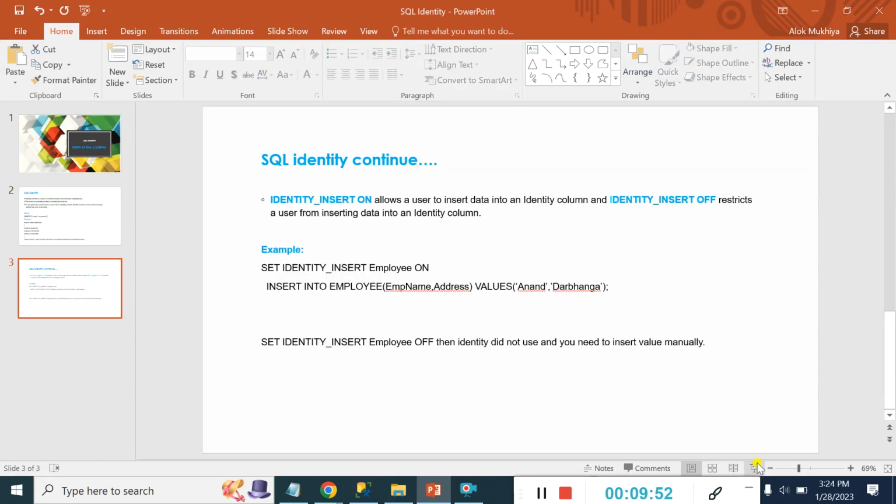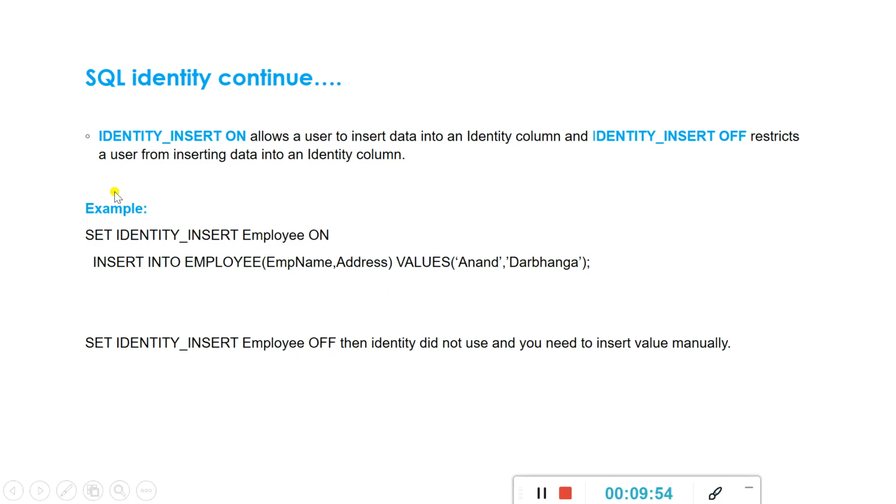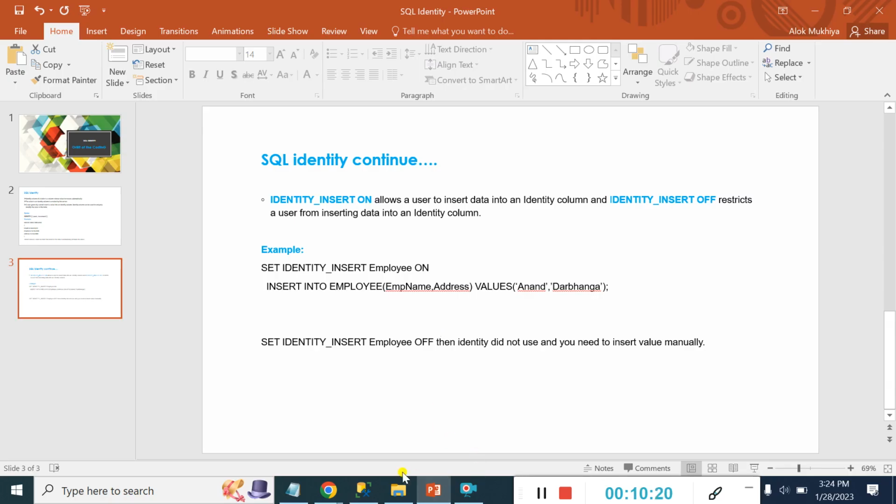So here you can see on the next slide, you can use identity insert on, which allows the user to insert data in the identity column, and if you use identity insert off, it restricts the user from inserting data into an identity column. So suppose I give you an example like set identity insert, put the table name, on, then you can insert data. So I will just show you in the examples.